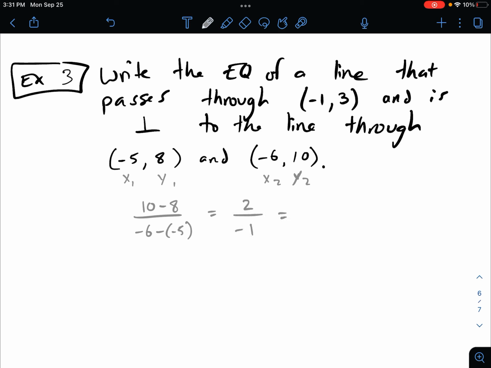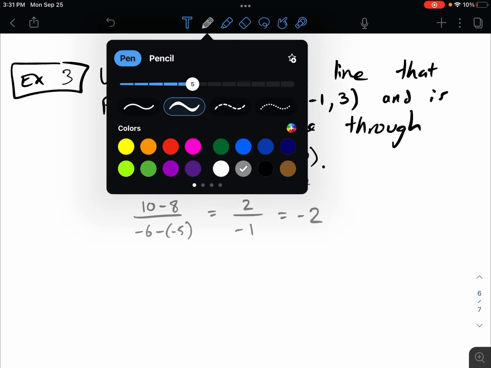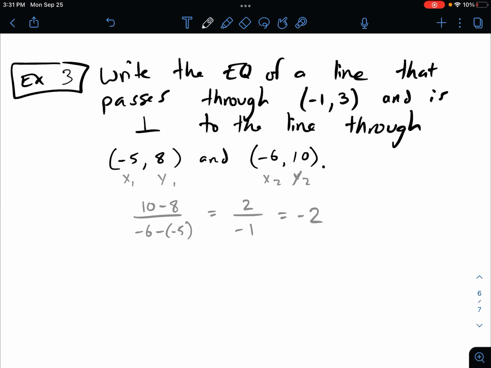This gives me 2 over -1, which is -2. So the slope between these 2 points is -2. But again, I want a line that is perpendicular. So I want the opposite of 2, which is positive, and I want the reciprocal, which is positive 1/2 in this case, all right? So my slope is 1/2, and we want it to go through the point -1, 3.